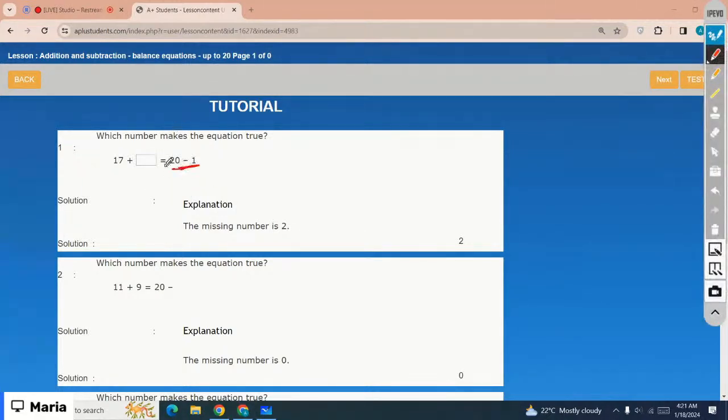Solve this side first. 20 minus 1 is 19. Now you must have the 19 over here, right? So 17 plus what number is 19?